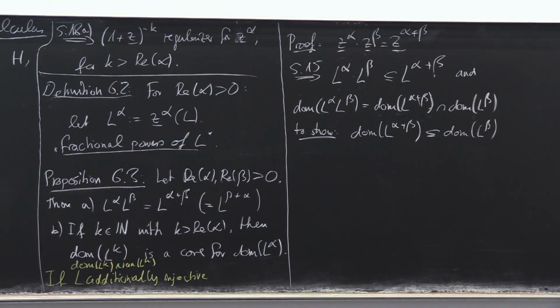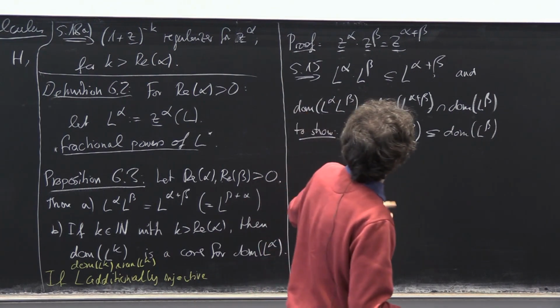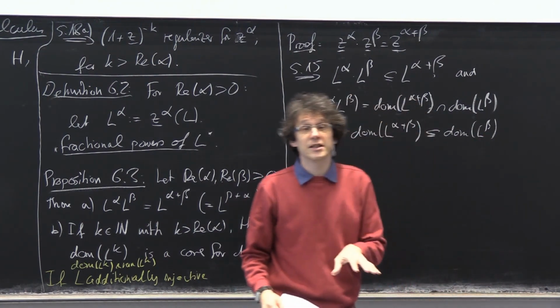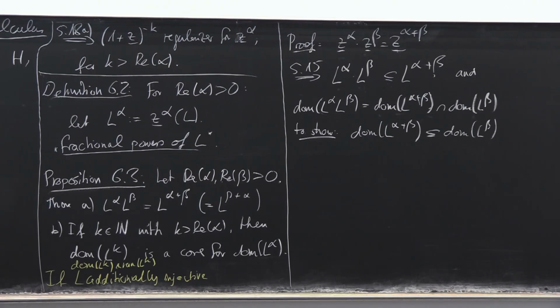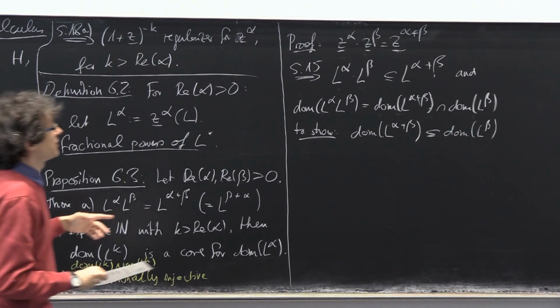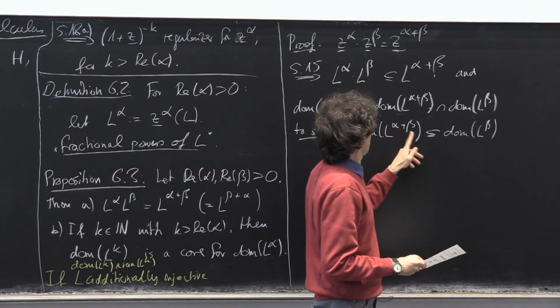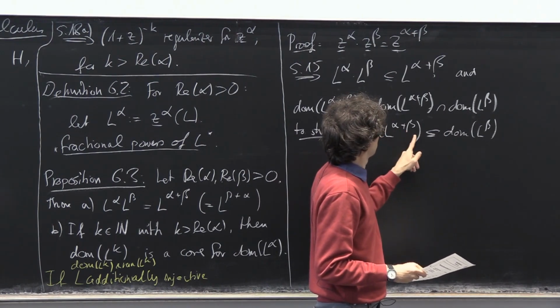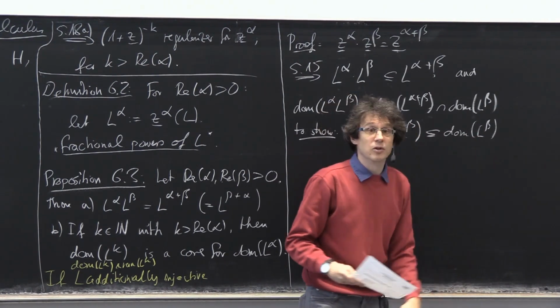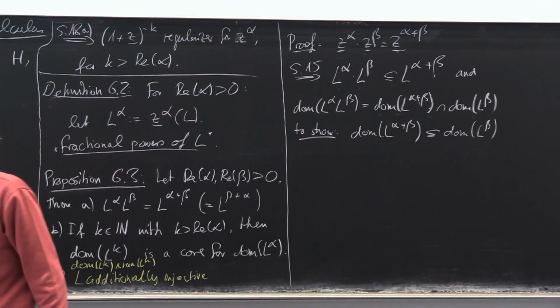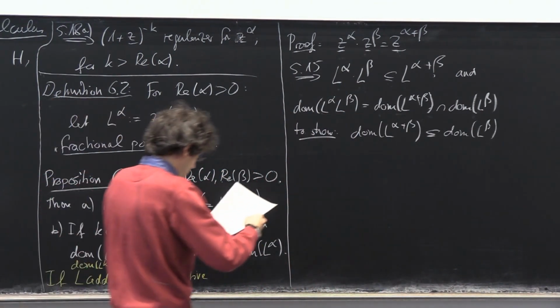From a heuristic point of view, somehow this makes sense. If you think of integer powers here, if you increase the power, the domain gets smaller and smaller. So alpha plus beta somehow, the real part of this one is bigger than the real part of beta, so this is a higher power, so the domain should be smaller. But we have to check that.